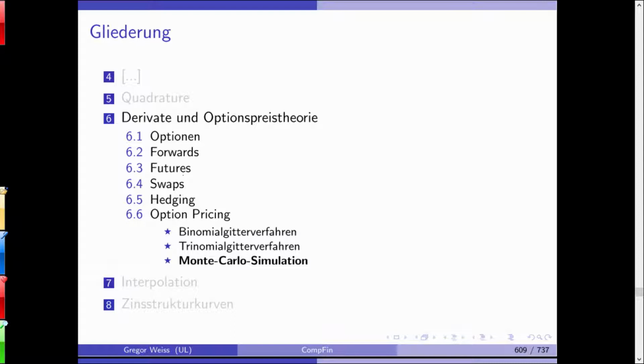Next, we do Monte Carlo simulation. Monte Carlo simulation is actually even more simple than binomial and trinomial. Remember that the Black-Scholes model hinges on the assumption that dS_t is some kind of continuous stochastic process, for example, mu S_t dt plus sigma S_t dW_t, with a Wiener process.